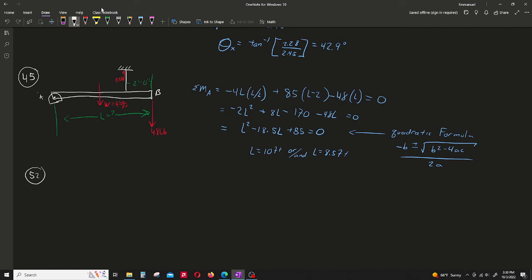Show the reactions at supports A and B for the tower shown.